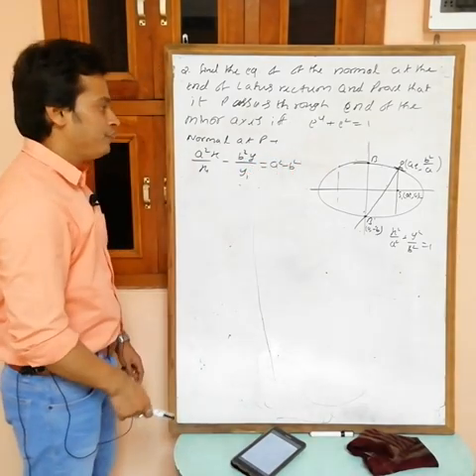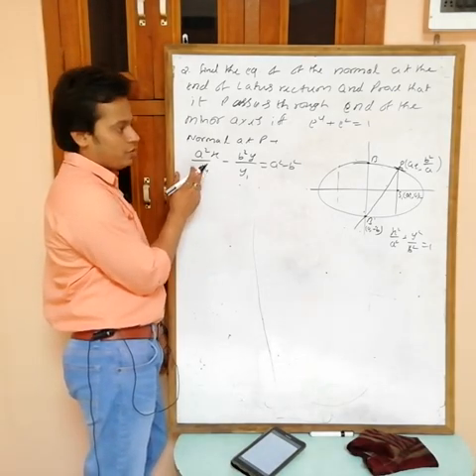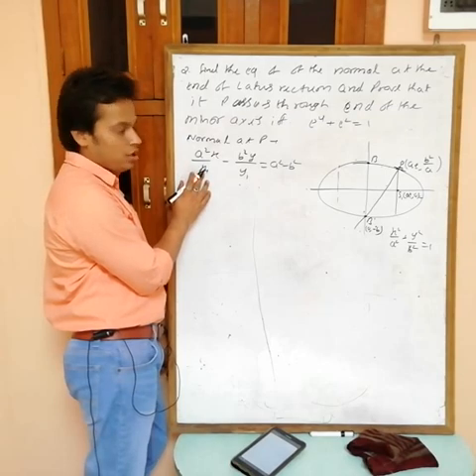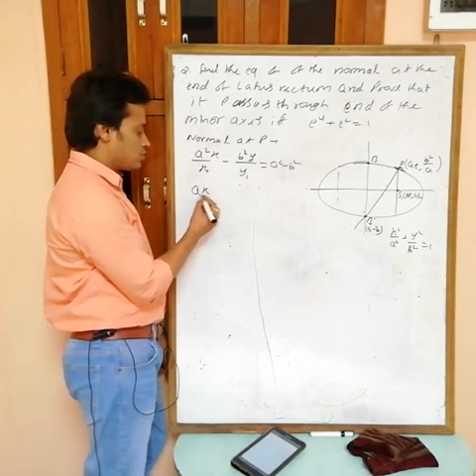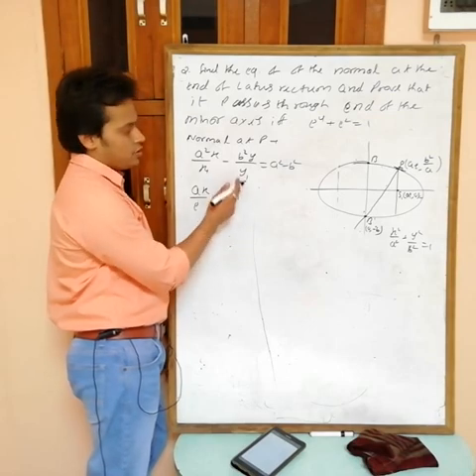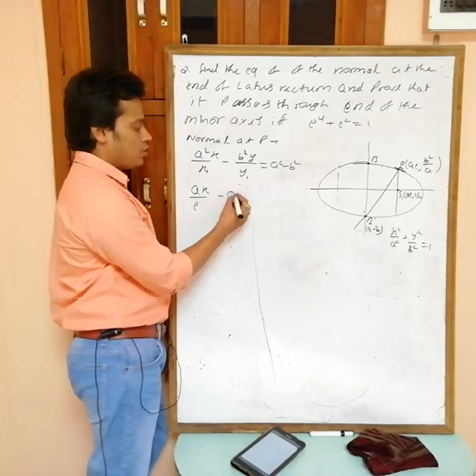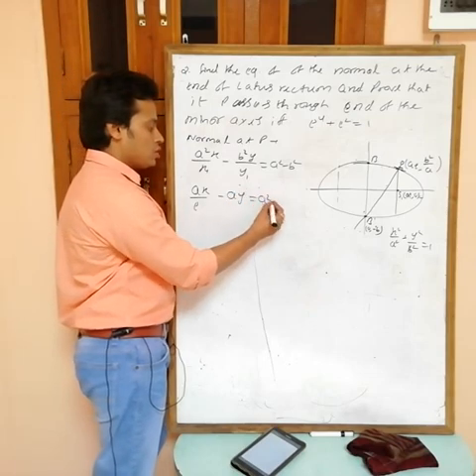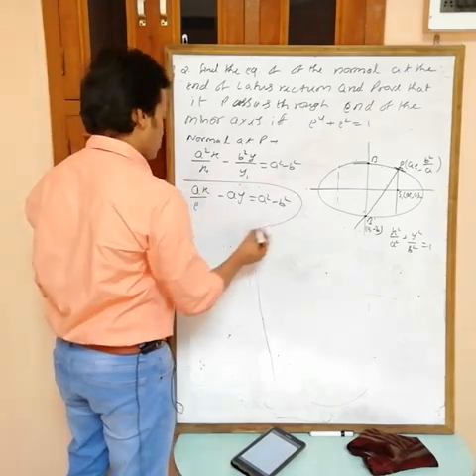Put the point ae comma b square by a. If you put ae for x1 and b square by a for y1, then a cancels out, e remains: ax by e minus y1, which is b square by a, b square cancels out, a in the numerator: ax by e minus ay equals a square minus b square. This is the equation of the normal.